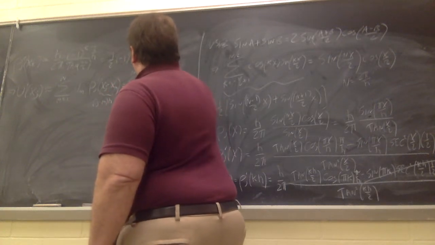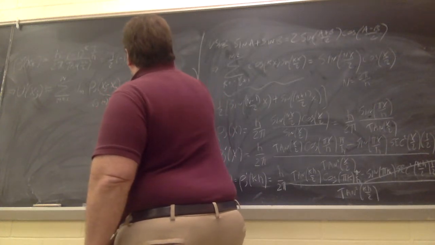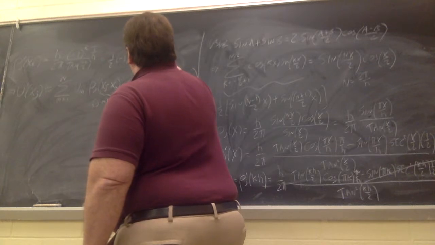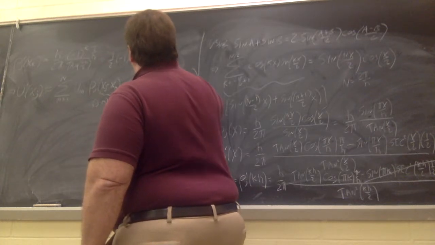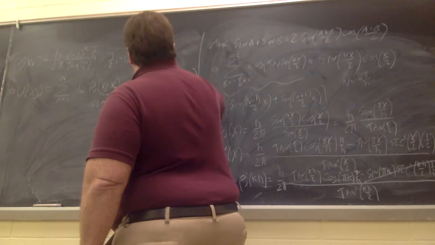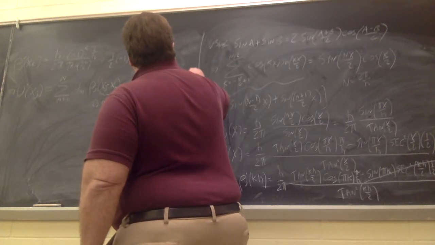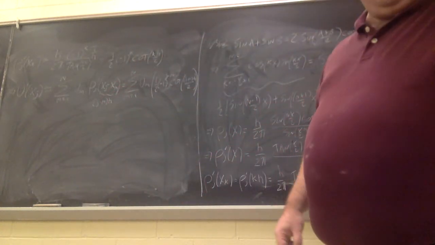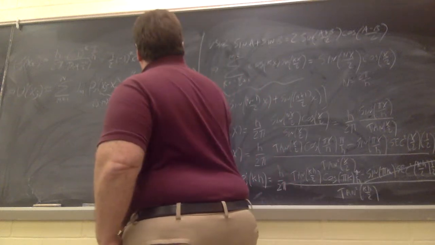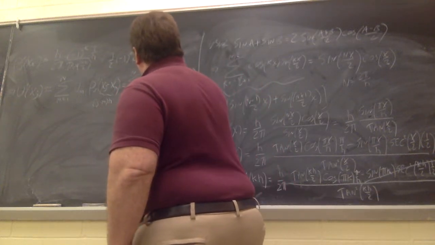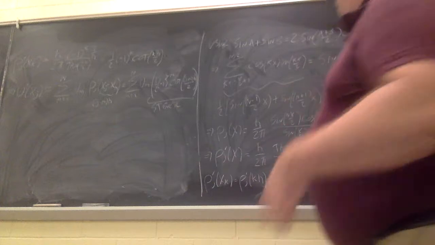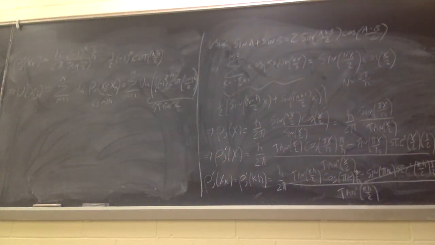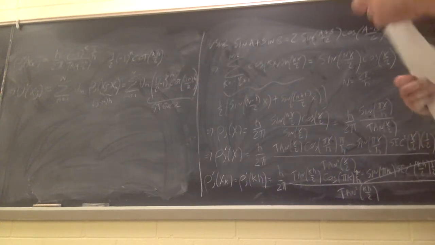It's going to be 1/2 minus 1 to the j minus m cotangent of j minus m h over 2. So these are the coefficients of your stencil. That's how you linearly combine all the values of u to approximate its derivative.